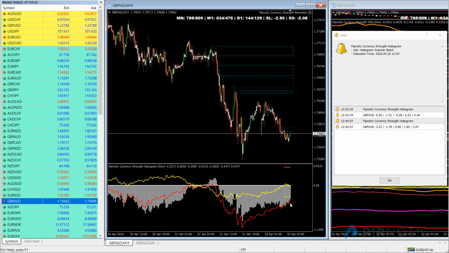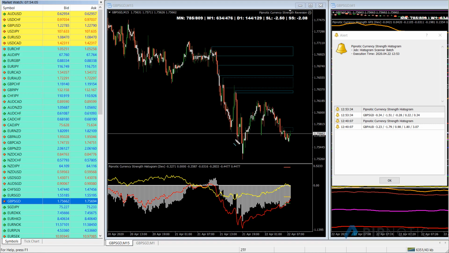Notice that this green line and this red line have moved closer together. They've moved closer together since the histogram started to move to more positive territory. This green line and this red line would have been marked higher at around this price point here.